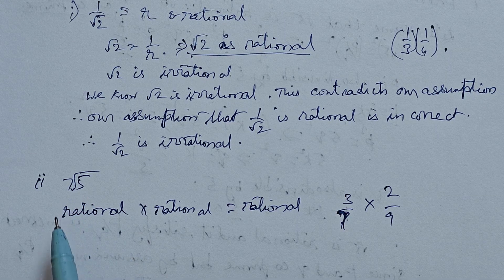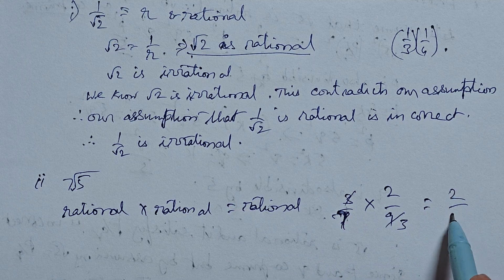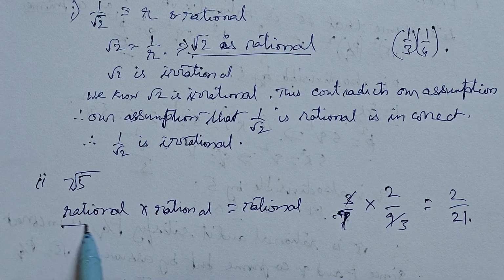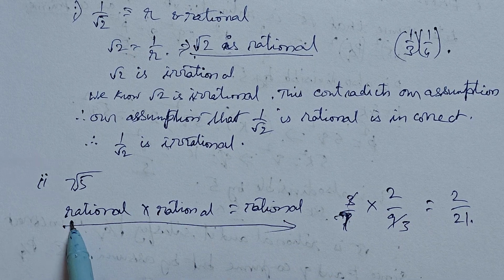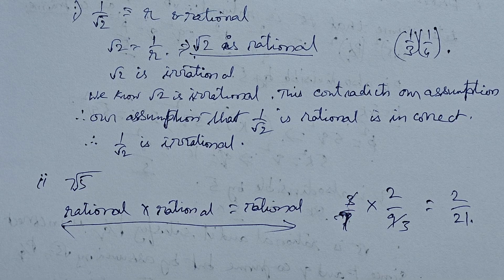Here I am saying the property. So 3 by 7 into 2 by 9, the 3 cancels. That gives us 2 by 21, so this is another rational number. Just to prove that this property is right, we can prove it, but we don't need to prove anything, because the problem they asked is 7 root 5.